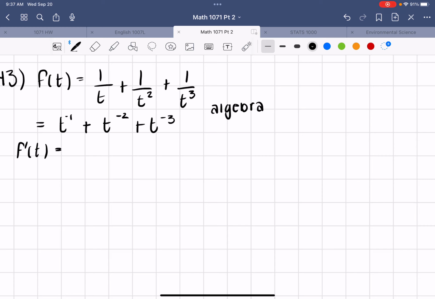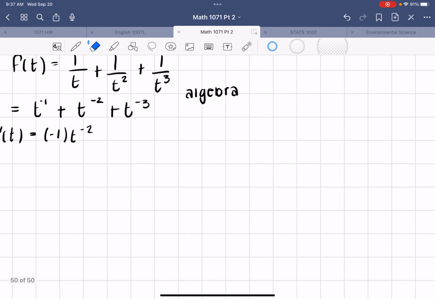Now, there's nothing wrong with that answer. If you left it like that, I'd be happy. I'm only saying this to be sure you're comfortable with the algebra. So you don't have to do this last step. You need to understand the last step. Are we okay? If I've got negative 1 t to the negative 2, that means I got a negative 1 in the numerator and I got a t squared in the denominator.